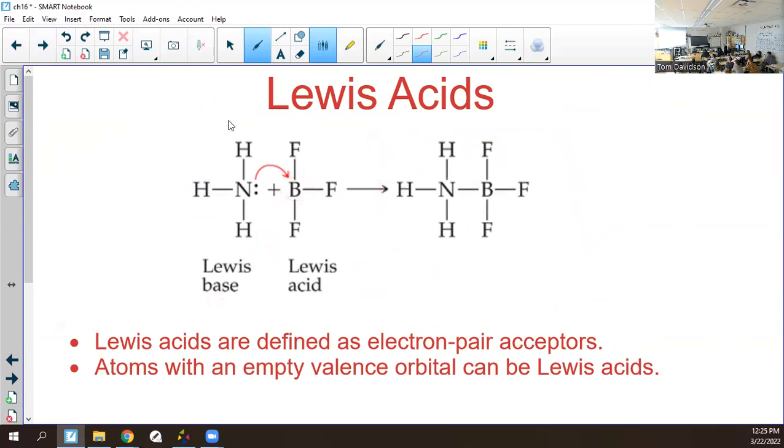Lewis acids, just for your information. Lewis acids are different looking than any other definition of an acid we've talked about. Lewis acids are defined as electron pair acceptors. So this would be a Lewis acid. Now, does anyone remember back in the day, what is unique about BF3?